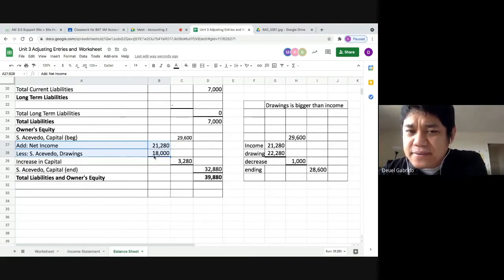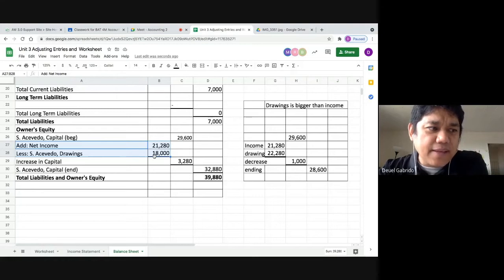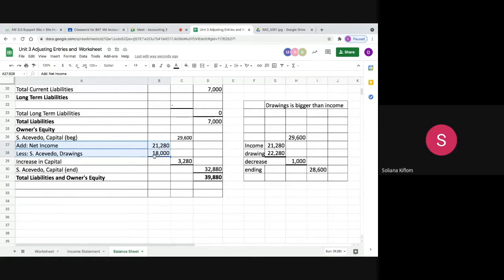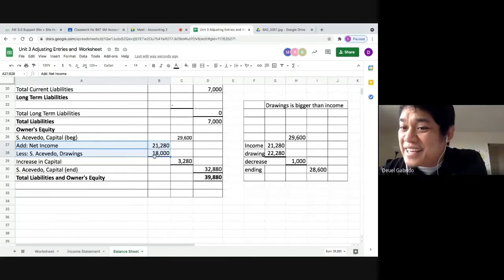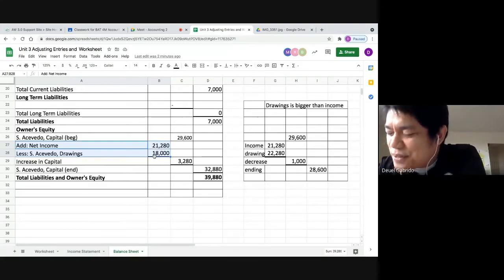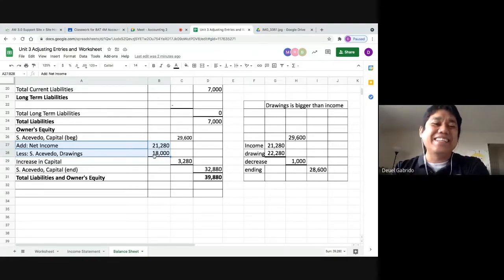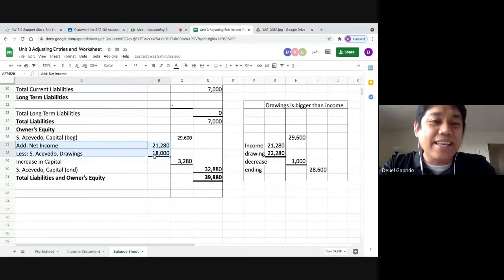It's like an expense, but what's the other word for that? When you withdraw money. So it's like your withdrawal, like an expense that can decrease your capital. So in short, we need to subtract the two together.